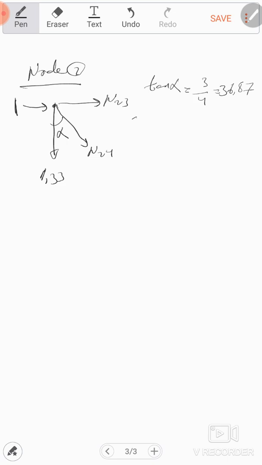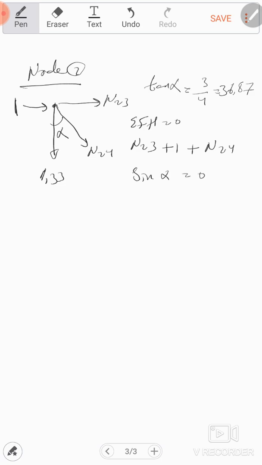Then make summation FH equals 0: N23 plus 1 plus N24 times sine theta equals 0.